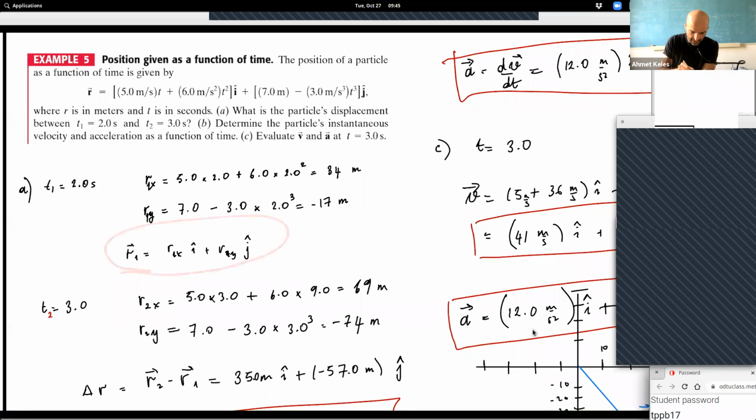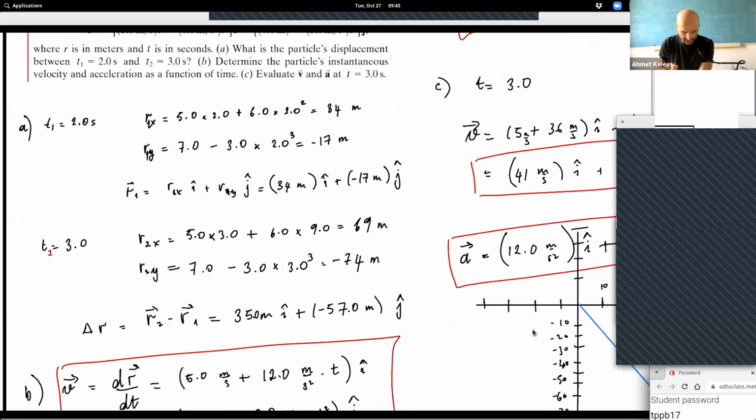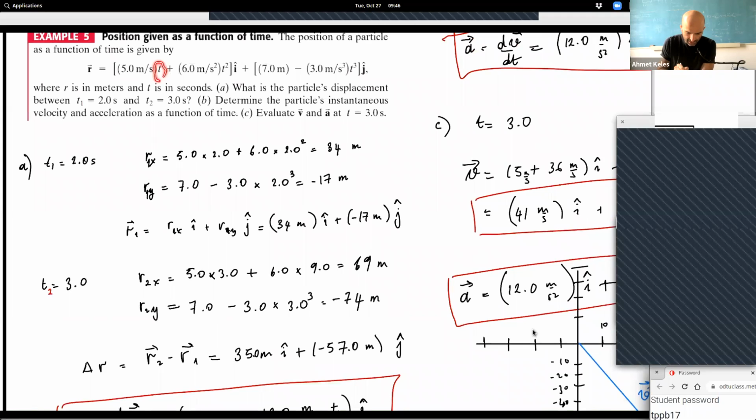So basically r1 is 34 meters i hat plus minus 17 meters j hat. I did this yesterday, but I think it's correct, though I may have some mistakes, so just be careful. Let's calculate r2, the same thing, but we put t equal to 3 here and here.